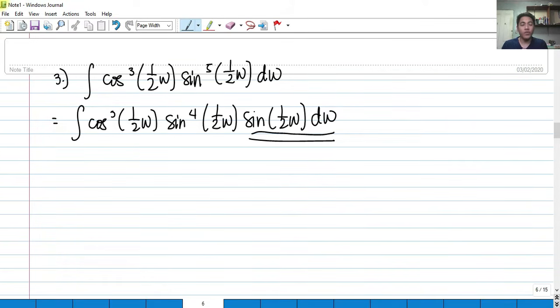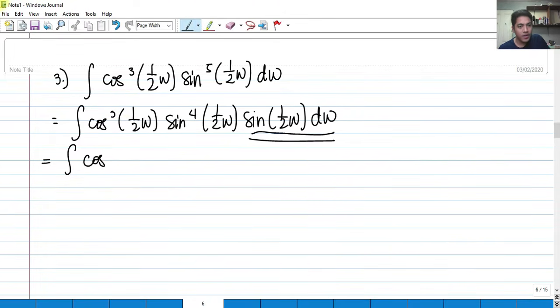And both of which are acceptable answers. So let me just try this one. Let's try to split off one factor of sine. So our answer would be in terms of cosine. So we have split off one factor of sine. So this would be our du. So what we want is that, so we should be having cosine cube.